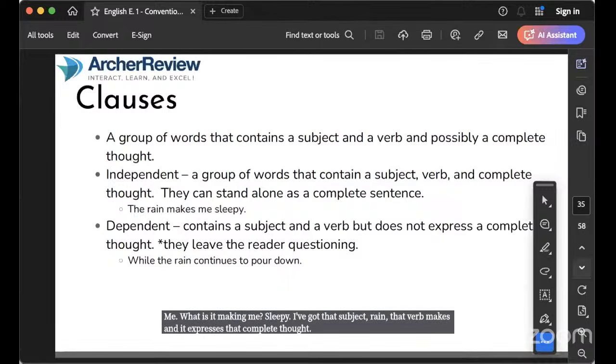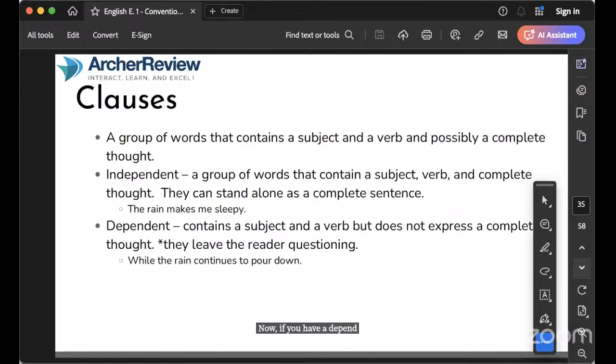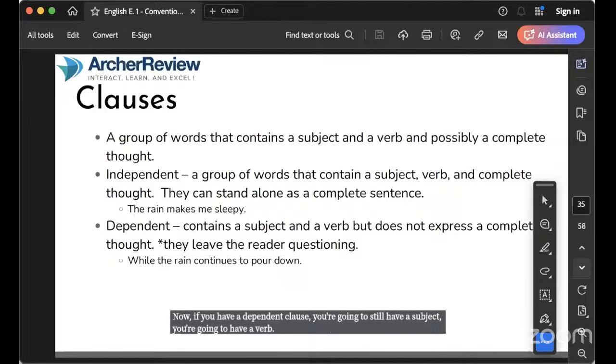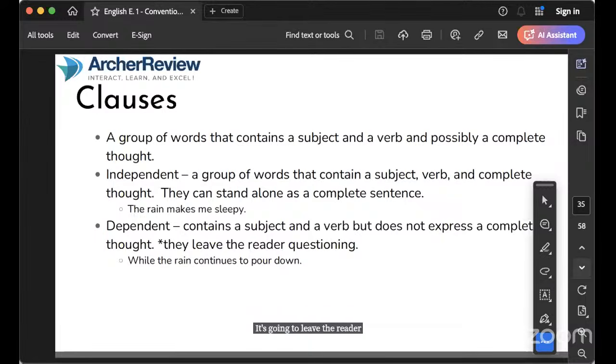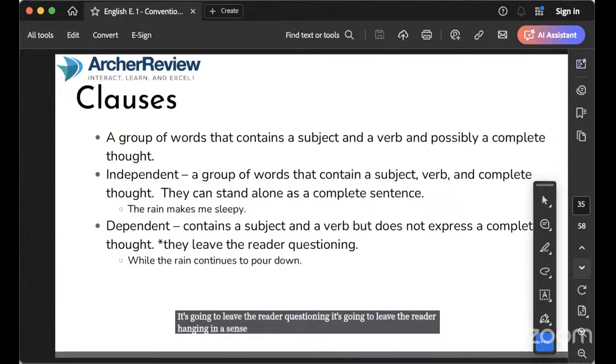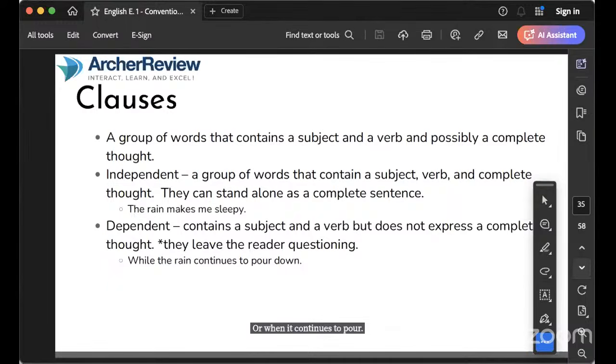Now, if you have a dependent clause, you're still going to have a subject and a verb, but it will not express a complete thought. It's going to leave the reader hanging in a sense. So if I say, while the rain continues to pour, Billy Bob's going to look at me and go, what about when it continues to pour? We've not finished out the thought.